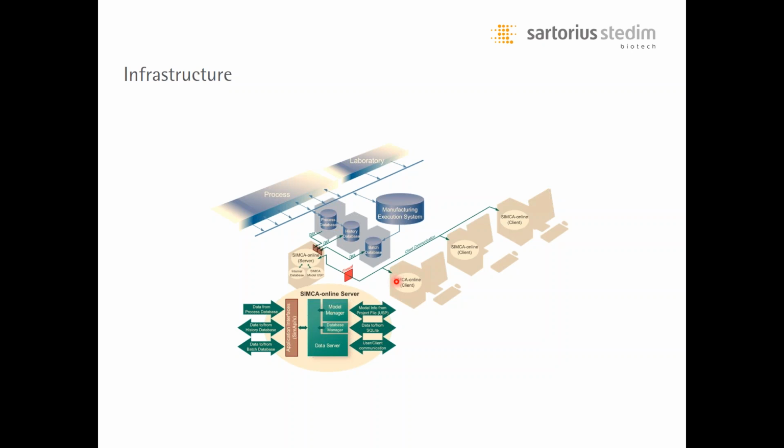Of course, in the control room, it could also be in development and technology staff, as well as at the management level. And that communication happens through TCP/IP from the Simca Online server into the clients.